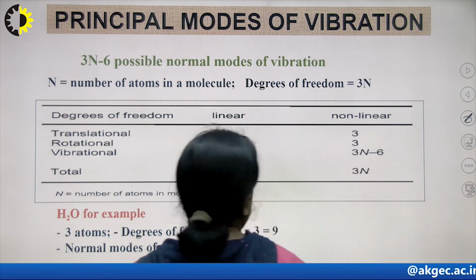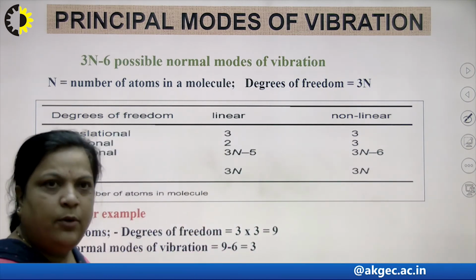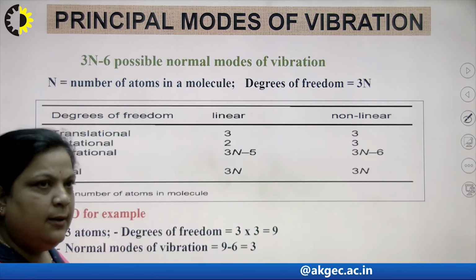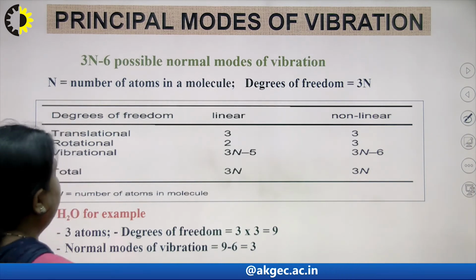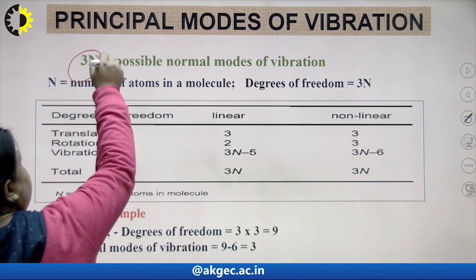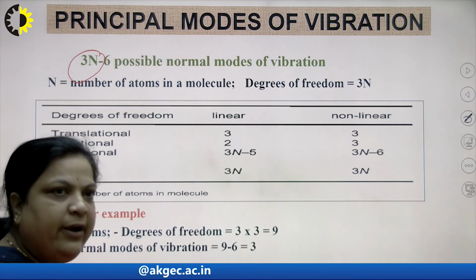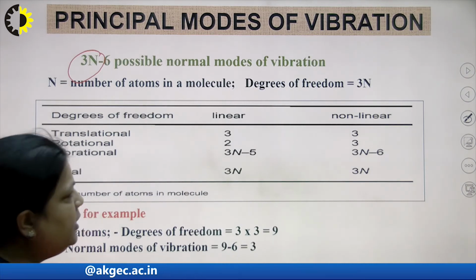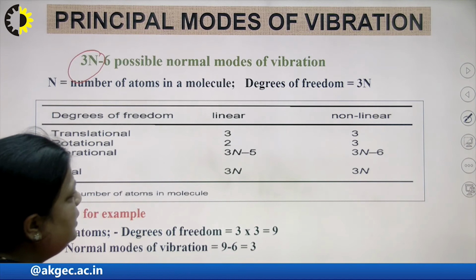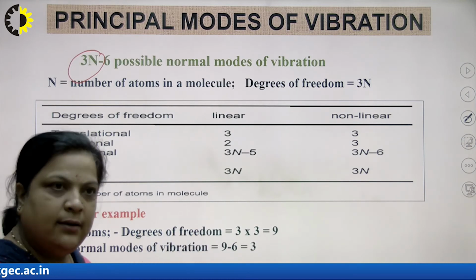Now, possible transitions. How many modes of transition in a molecule are possible? We know that the total degree of freedom, if we count, is 3n, where n is the number of atoms. Then the molecule may be linear or non-linear.